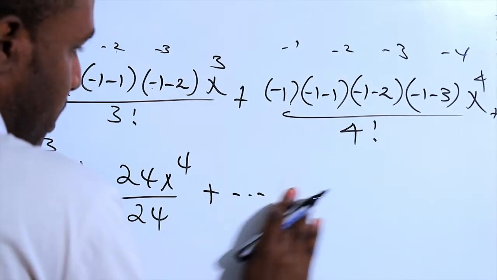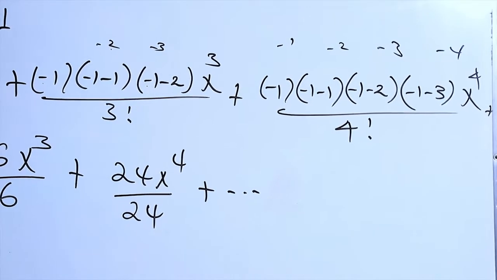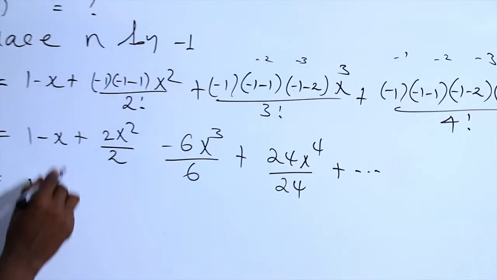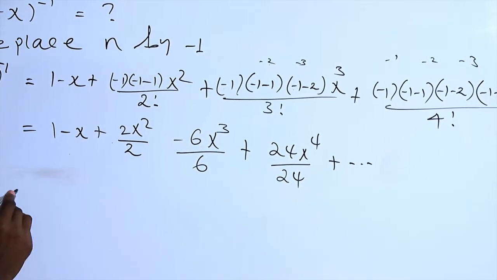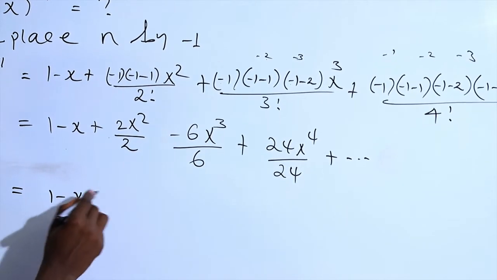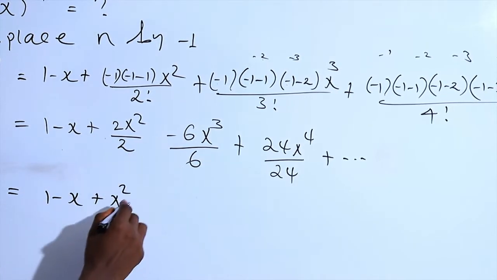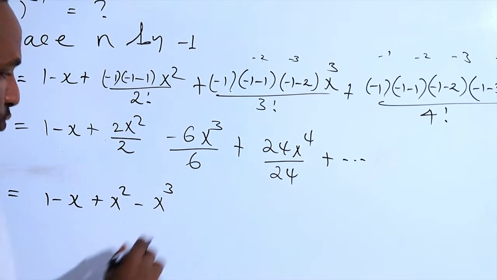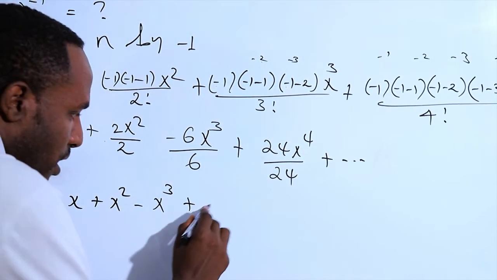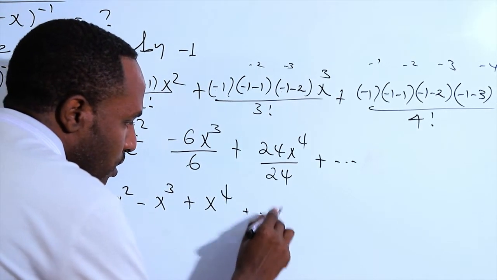When we simplify this, the 2 by 2 cancel out, so the result becomes 1 minus x plus x squared minus x to the power of 3, and the 24 by 24 cancel out, plus x to the power of 4, and let's continue in such a way.